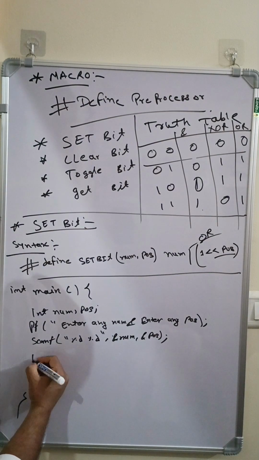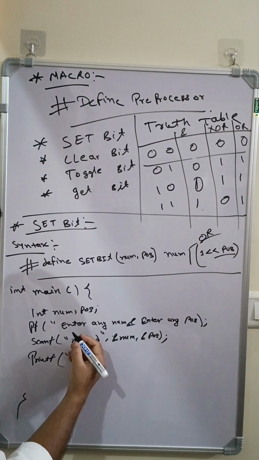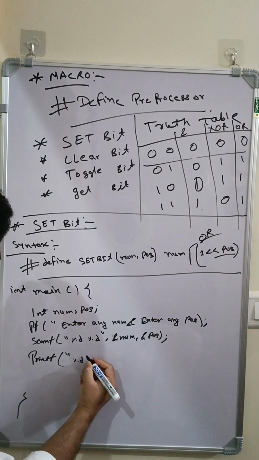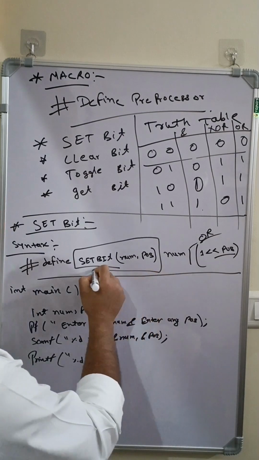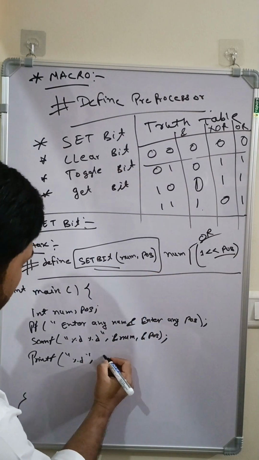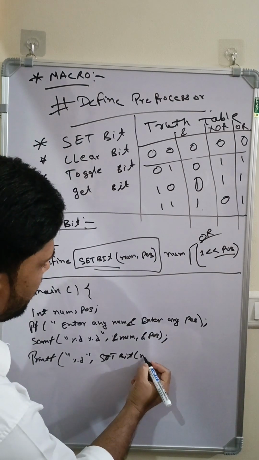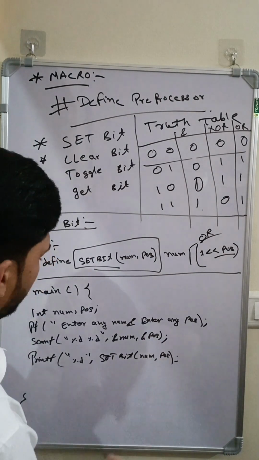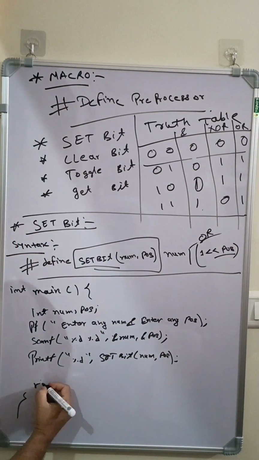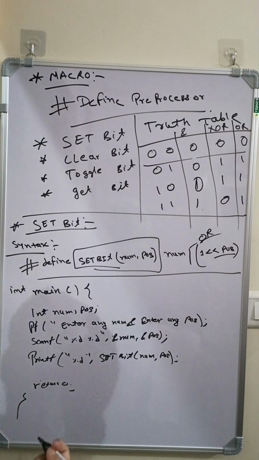Now printf here, with %d, what we are doing is set bit, right? So set bit number and position. Okay, and return 0 we can write, otherwise no need for this also.